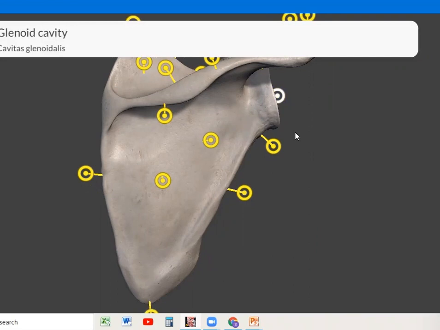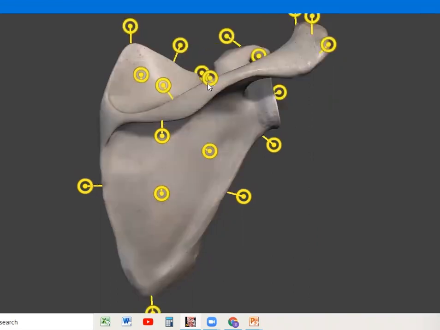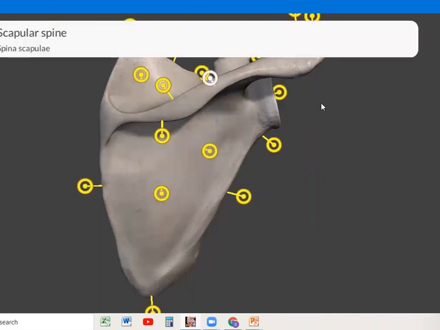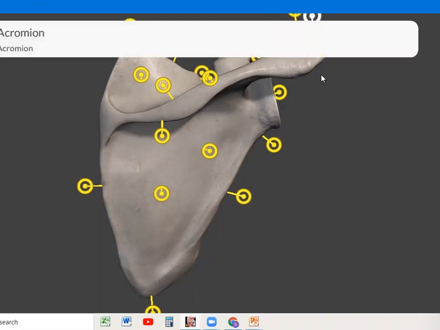Then the scapula has three processes: the spine process, then the acromion process, then the coracoid process. These are the features of the scapular bone. Then we will see the other features.